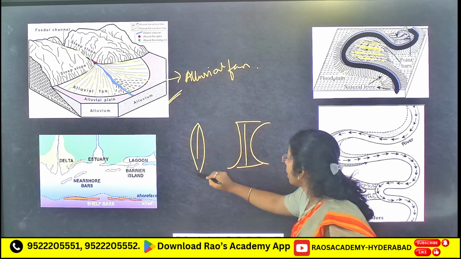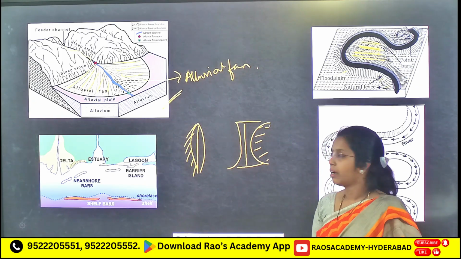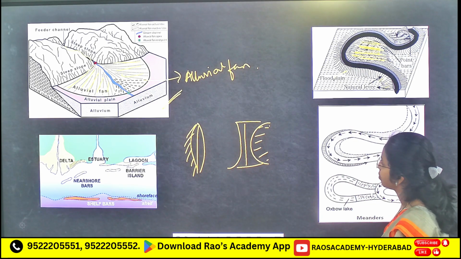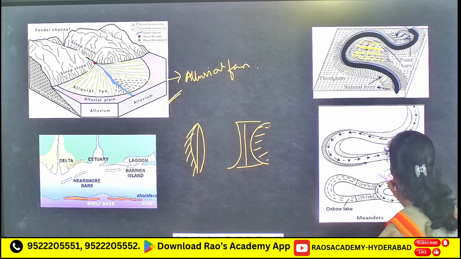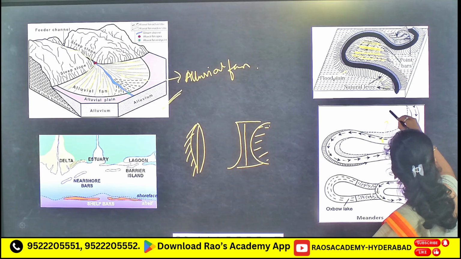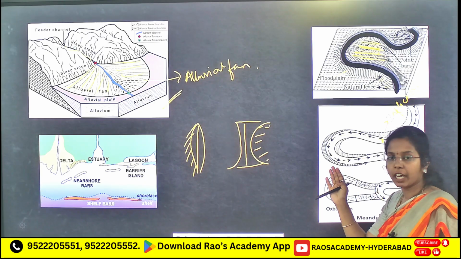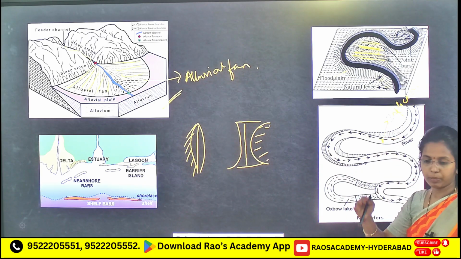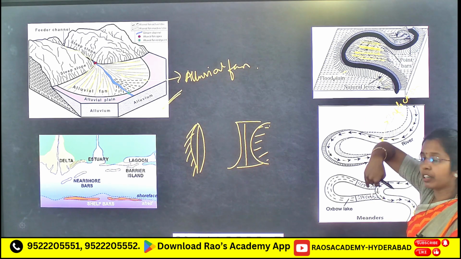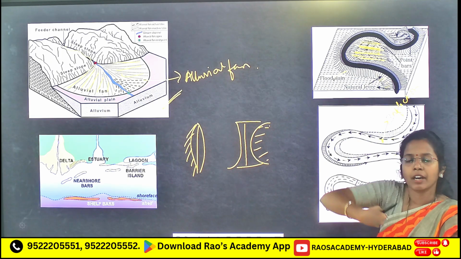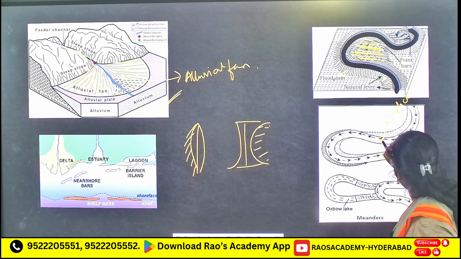Convex like this. Here when the river is flowing like this, it is depositing at the inflection point. Inflection point means the point where the direction of the channel curvature of a river reverses. You will see the curvature reverse; that point is known as the inflection point.